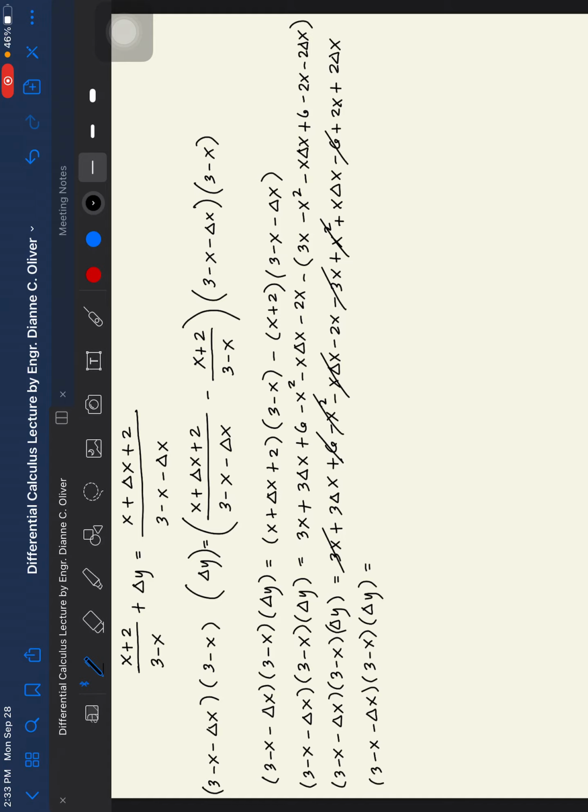Negative x delta x and positive x delta x cancel, and negative 2x and positive 2x cancel. Nothing left? No, we're still left with 3 delta x plus 2 delta x. Therefore, that is 5 delta x over 3.